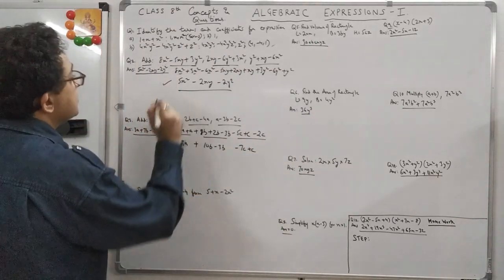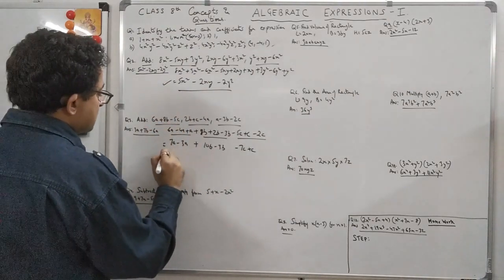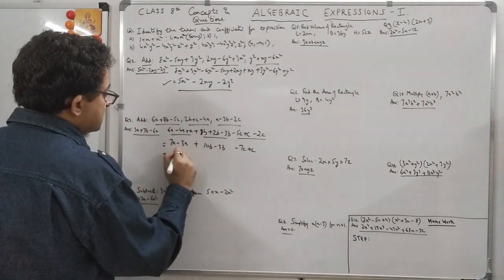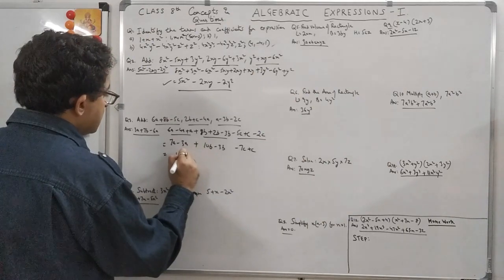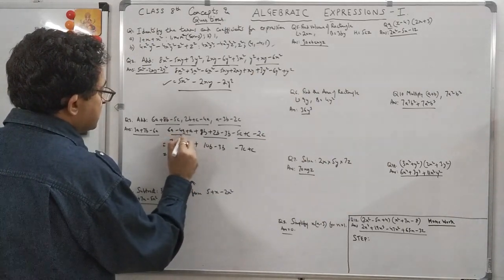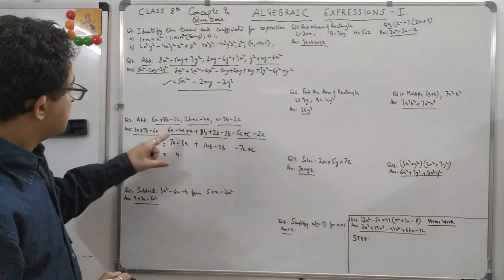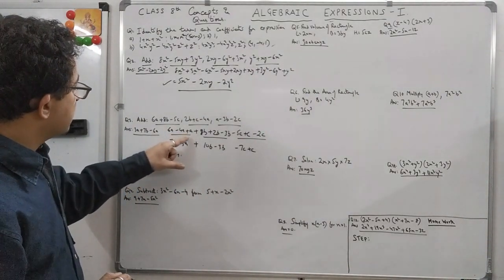You can always write equal to in these questions whenever you are solving. So, 6a minus 4a plus a, this was coming to as 3a. Let me see where I have done a mistake. 6a plus a, 7a. 7a minus 4a.